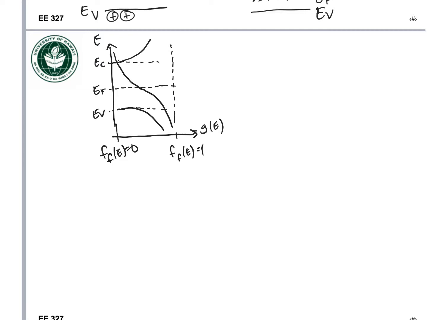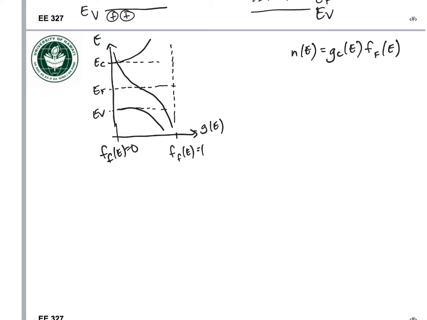Okay, so I have the total number of states given by the density of states, and I have a probability. If I want to know, for example, the electron distribution, then I would take the density of states and multiply that by the probability.